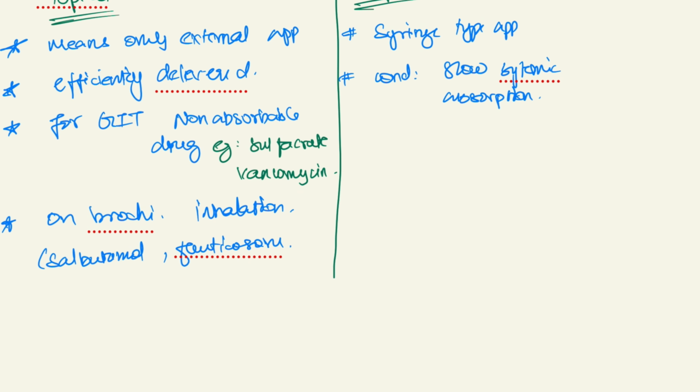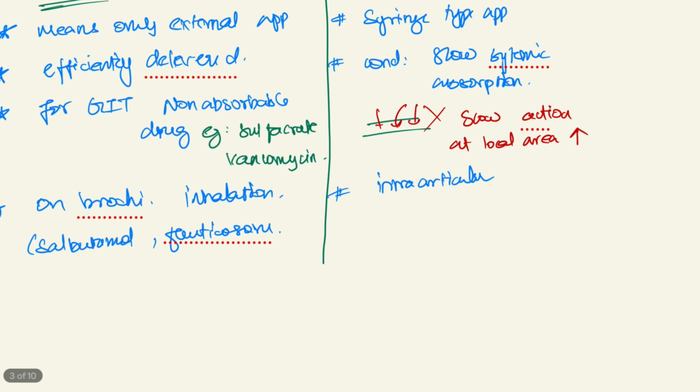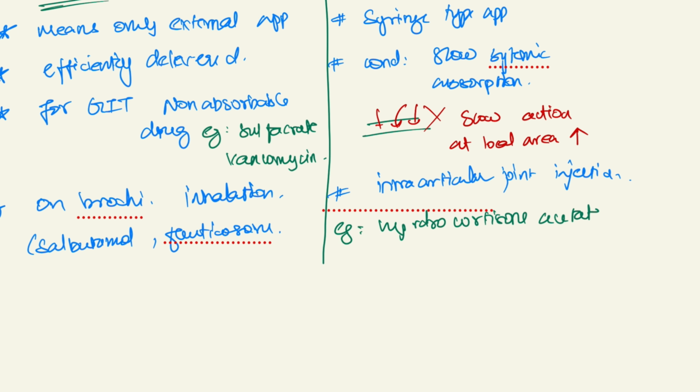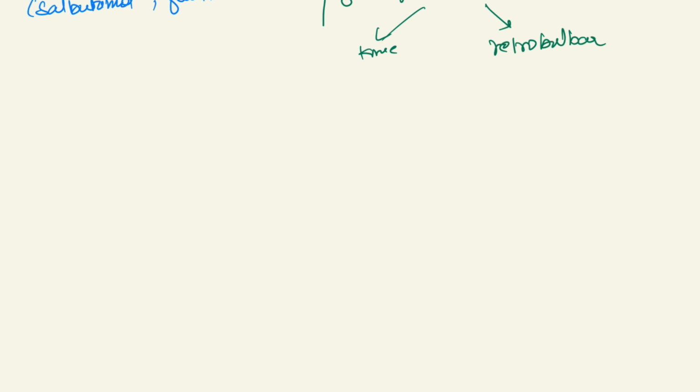If the blood flow is increased, the systemic absorption will be increased, so the drug will not stay at the site for a long time. Do you understand why the systemic absorption should be low? Examples: intra-articular injections, given in the knees, and retrobulbar injections. Retrobulbar means behind the eyes.